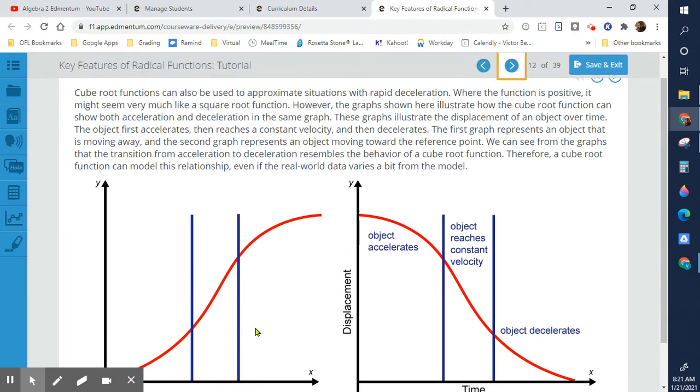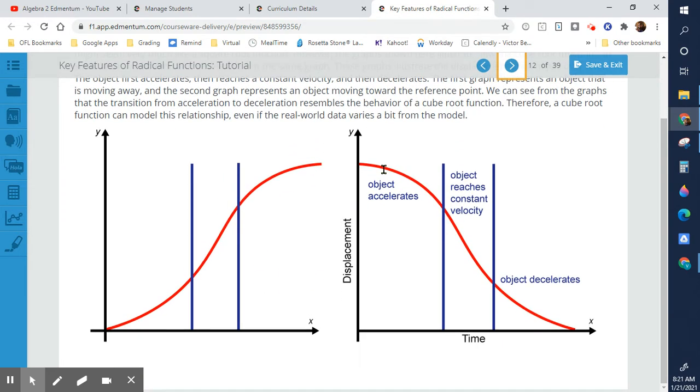Also, cubic functions happen a lot when we see something accelerating and then reaching its limit. For example, think of a car. If you're accelerating really fast, when you go from 0 to moving, you're going really fast.